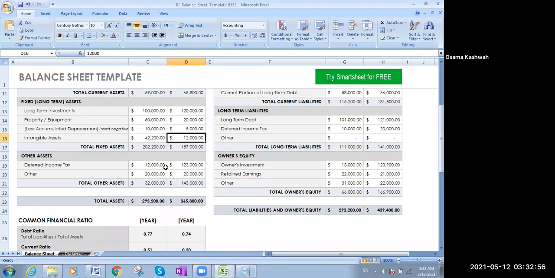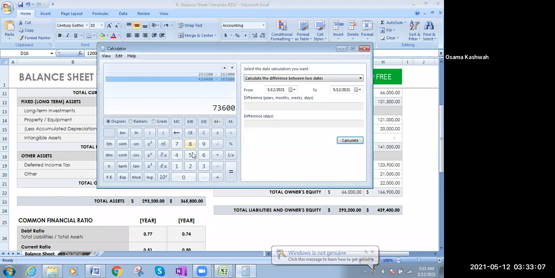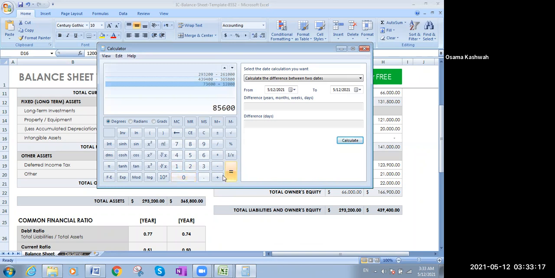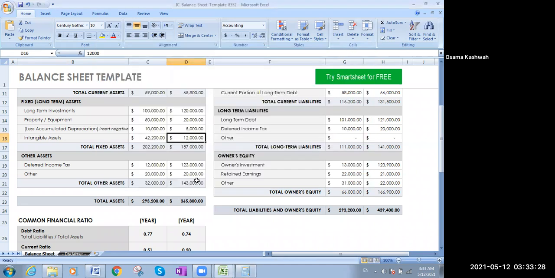We already have 12,000, and we'll add to it 73,600, which will give me the intangible assets. So it should be 85,600 to make a balance. That's what I will do now.